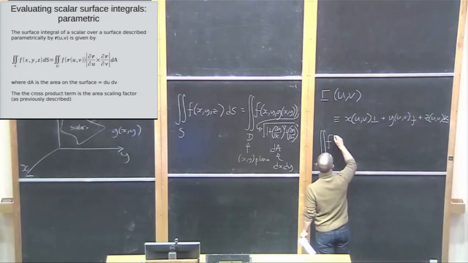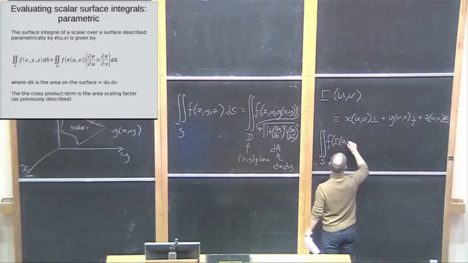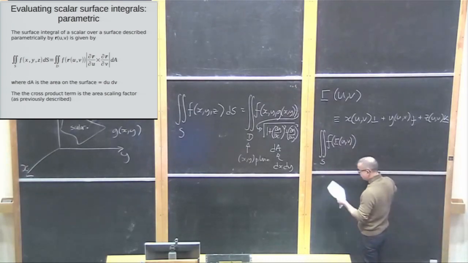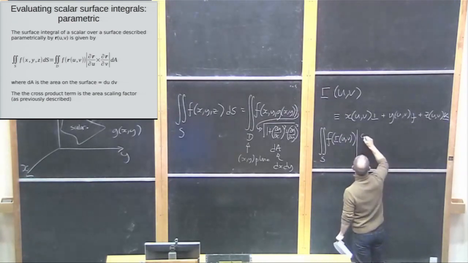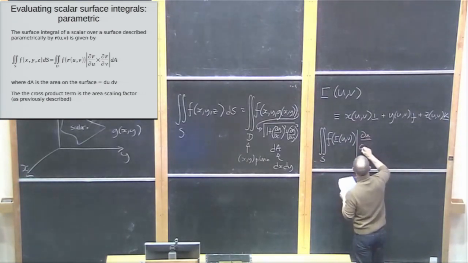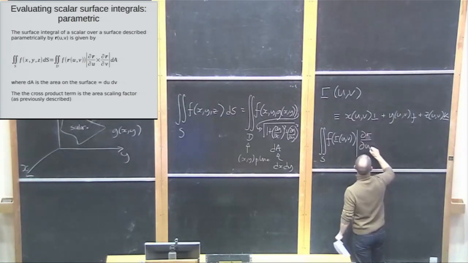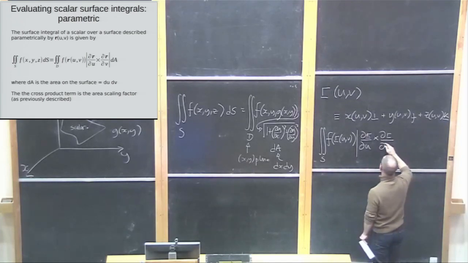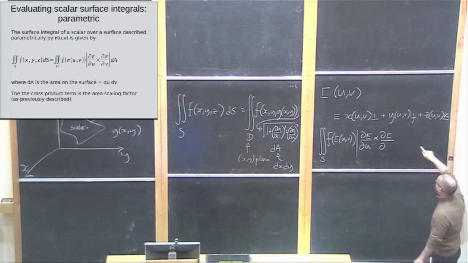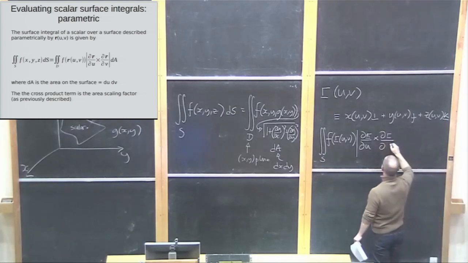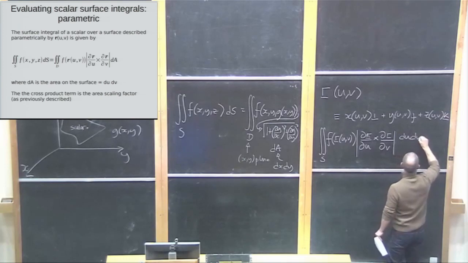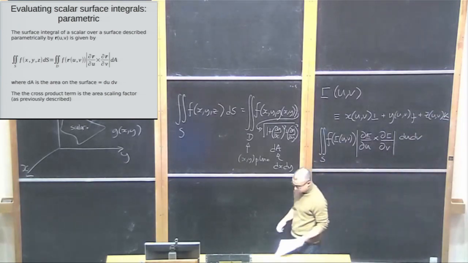So we have the value of our scalar, which is a function of position, which in the parameterized case is given by r of u and v, multiplied by our projection factor, which you'll recall from yesterday is the magnitude of the cross product of 2 perpendicular vectors in the surface at that point, which is given by dr/du cross dr/dv. And in this case, then, you would integrate that with respect to du dv.